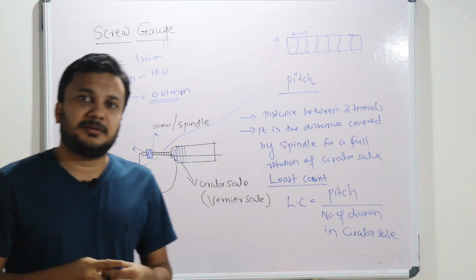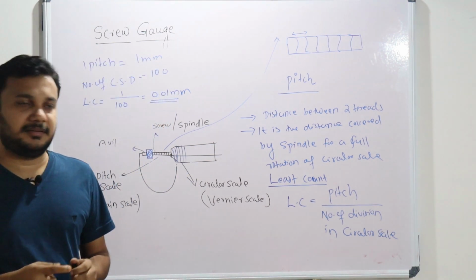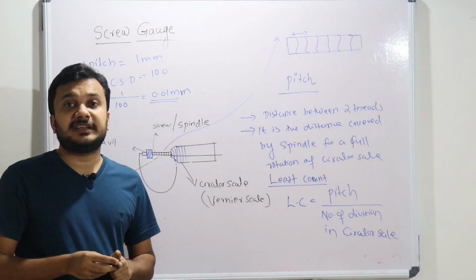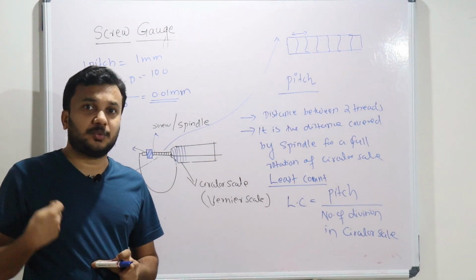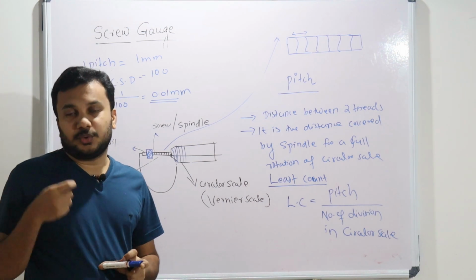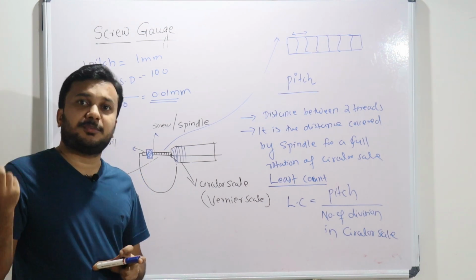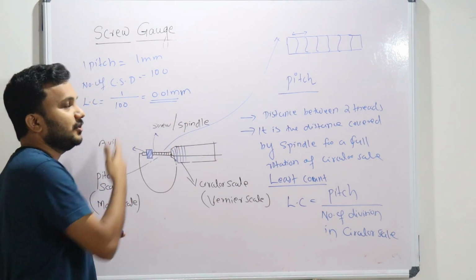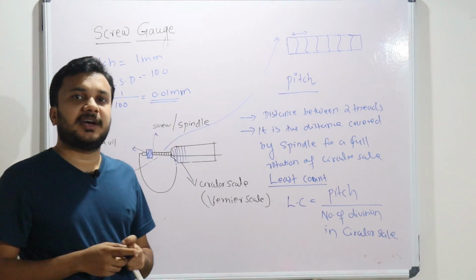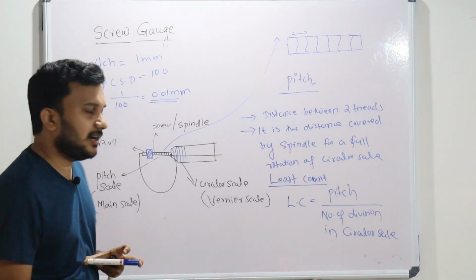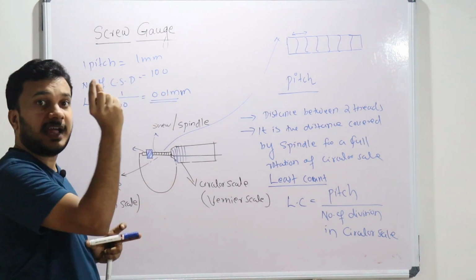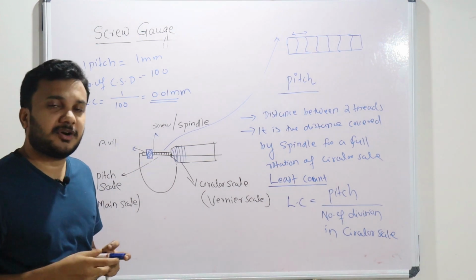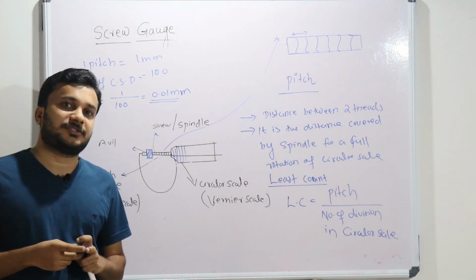As I told in the last sessions and at the beginning of this session, with an ordinary scale we can measure 1.1, 1.2, 1.3, 1.4. Between 1.3 and 1.4 we have 1.34. That is not possible to measure with that scale, but it is possible with a screw gauge or vernier caliper, because they give two digits after the decimal. That is the importance of the vernier caliper or screw gauge.